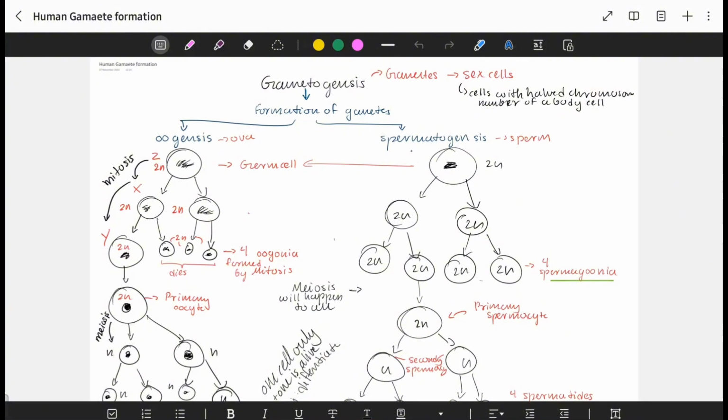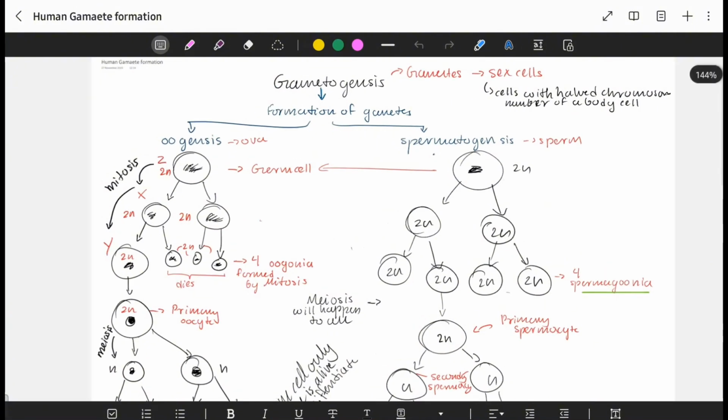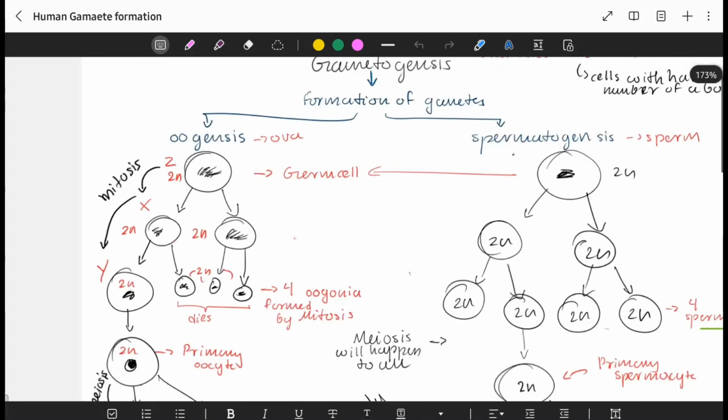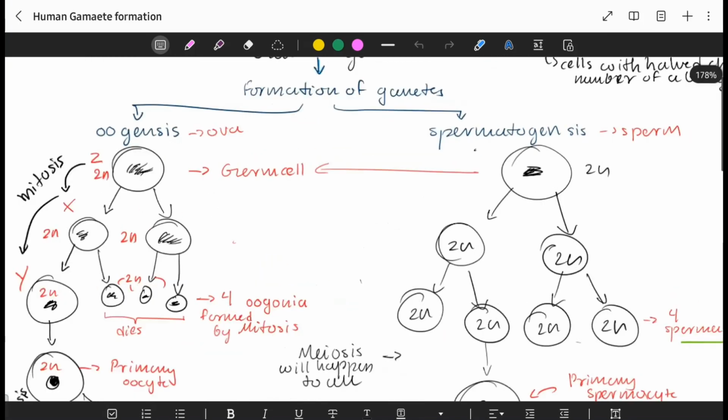Gametogenesis is the formation of gametes. Genesis means formation, making or production. So it's the making of gametes, and it will form oogenesis and spermatogenesis. Oogenesis, eggs, ova; spermatogenesis, sperm.